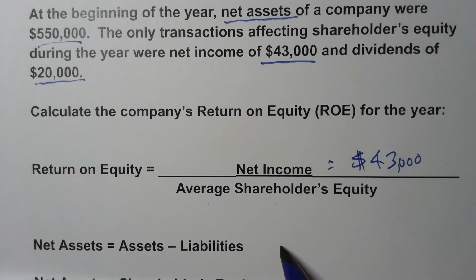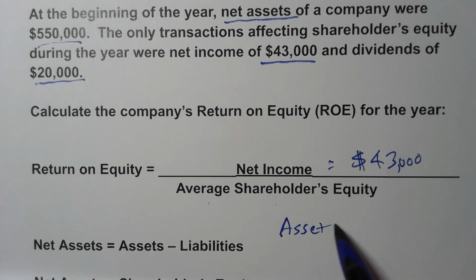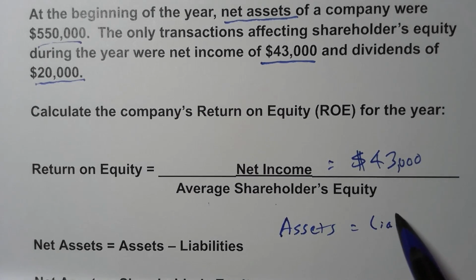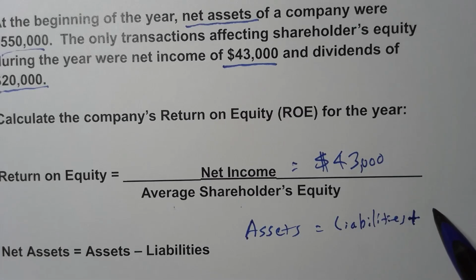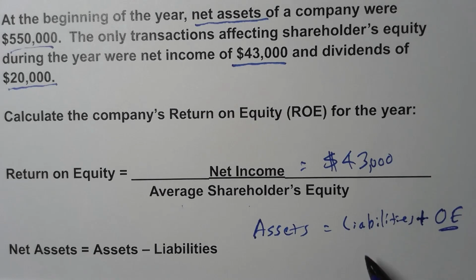Well, we know that the accounting equation says assets equal liabilities plus owner's equity, right? So owner's equity is what we're looking for, or shareholder equity. So liabilities plus owner's equity is equal to assets.